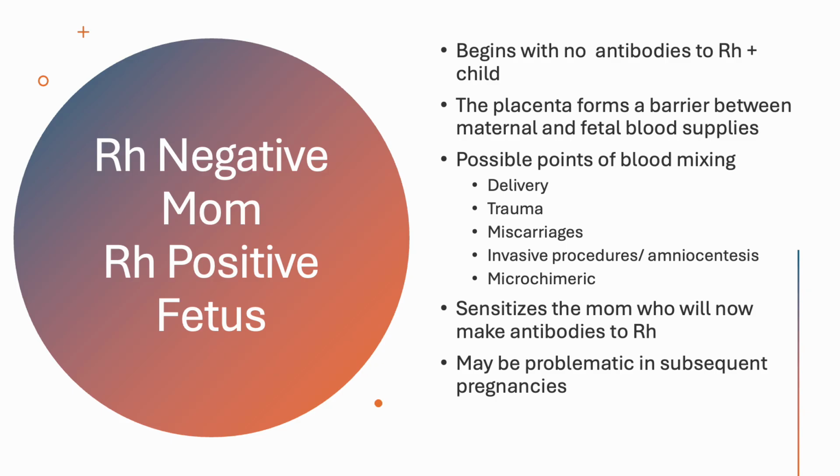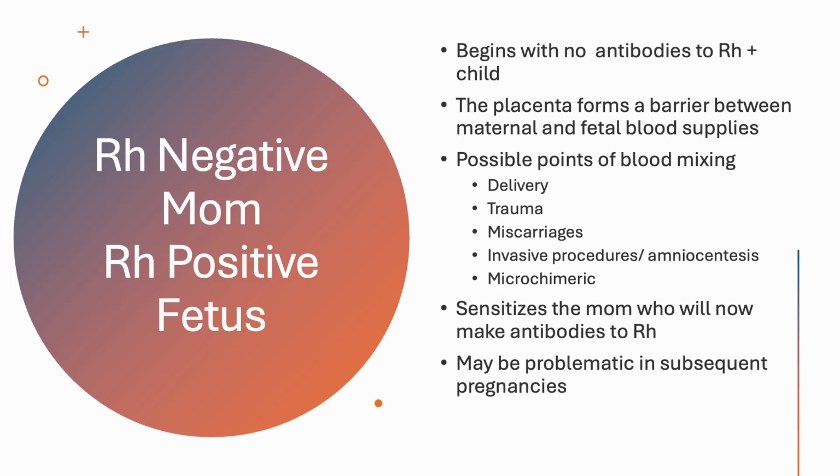But there are certain situations where the mother and child's blood may mix, including at the time of delivery, abdominal trauma, miscarriages, especially later miscarriages, invasive procedures like amniocentesis, and then there's something called microchimerism, which means that sometimes a little blood can just cross over.